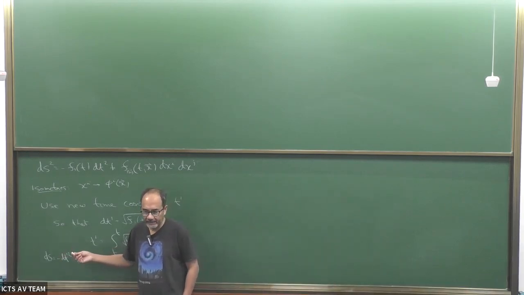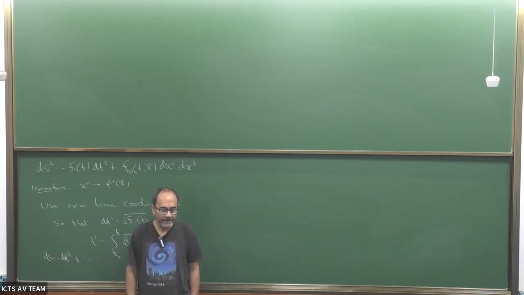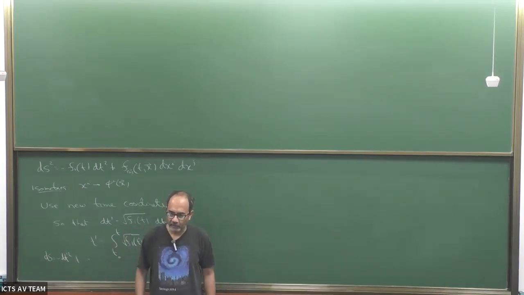If the relation between t and t' involved x, then constant t would not correspond to constant t'. It would be some function of t' and x that would be constant. But because t and t' are related without any x dependence, constant t and constant t' slices just get mapped to each other. So you can just use t' as my new cosmic time.